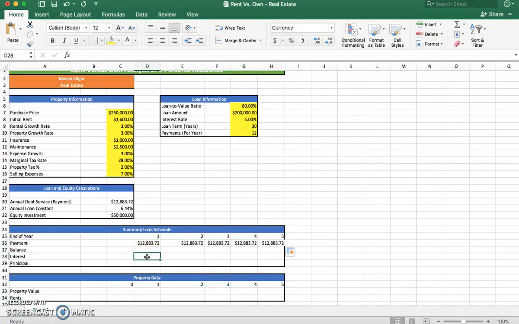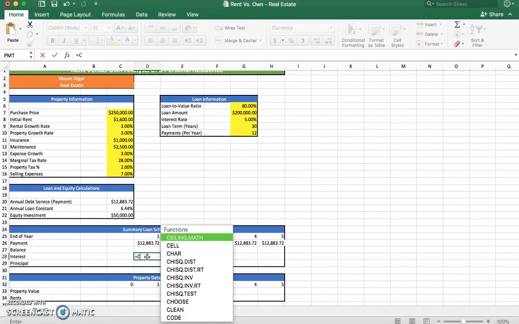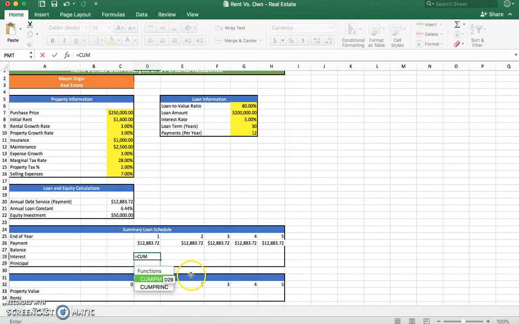Alright, so next we're going to take our interest. This is going to be kind of a larger equation here, so I'll walk you through all of it. Do a cumulative payment function. Alright, so we'll start with the rate, which is the interest rate divided by payments per year. Next, we're going to do the loan term times the payments per year, just like we did in the last one.